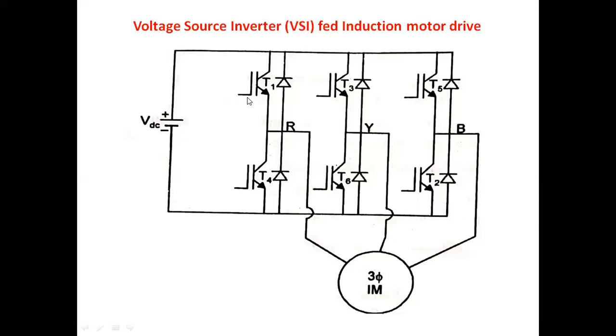Either pulse width modulated pulse generation or constant firing angle pulse generation. Depending upon the way of pulse generation to the devices, this inverter will operate in two ways: as a pulse width modulated inverter or a stepped wave inverter.